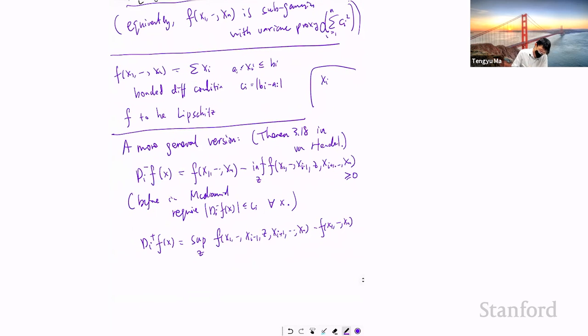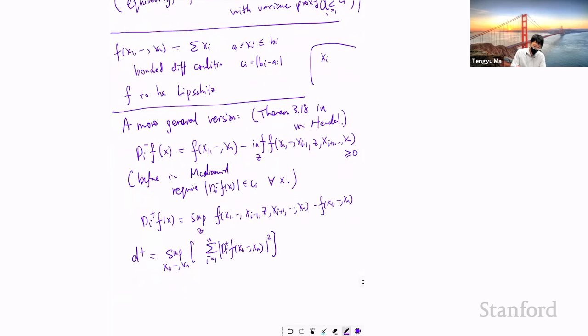Now these are two functions that measure the sensitivity at every point, but they are not global sensitivity. Now you can define a global sensitivity, d plus, which is the sup over all x. But before taking the sup, what's inside the sup is the sum of this, squared.